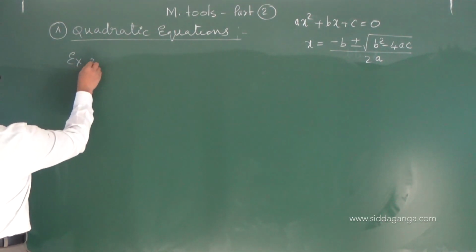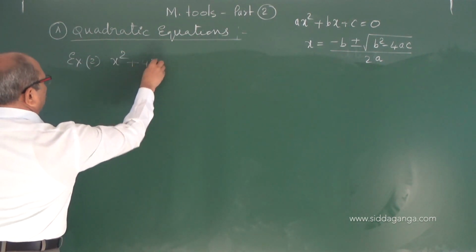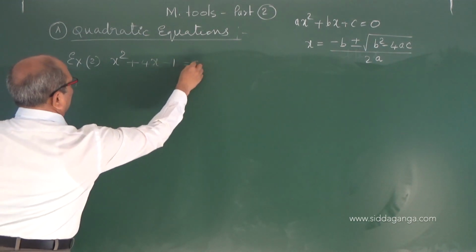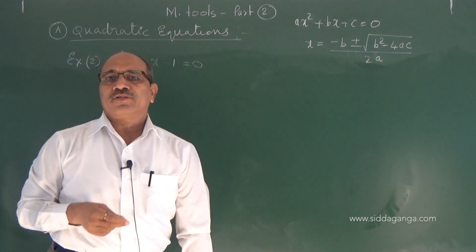Coming to the example: x² + 4x − 1 = 0 is the second question I have taken.